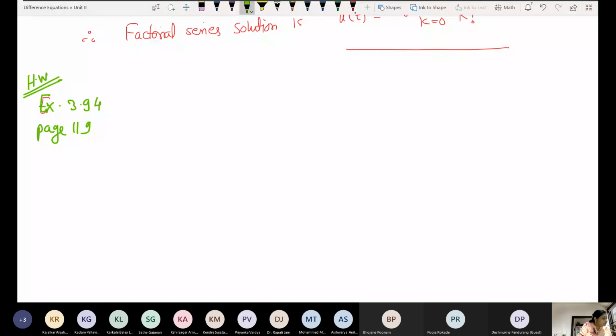Okay, so this will complete our linear difference equations. And only the last section of this unit is remaining now: non-linear equations that can be linearized.